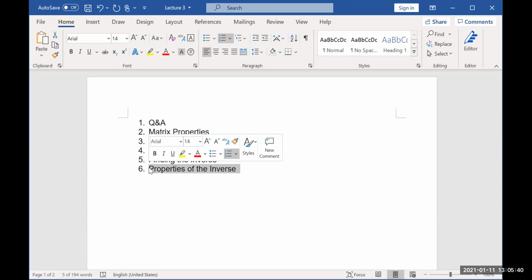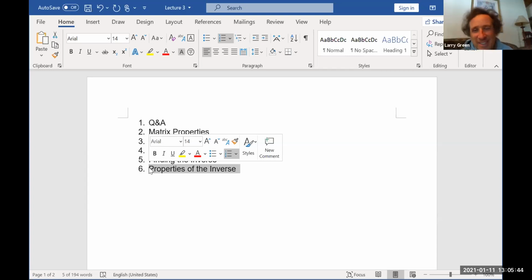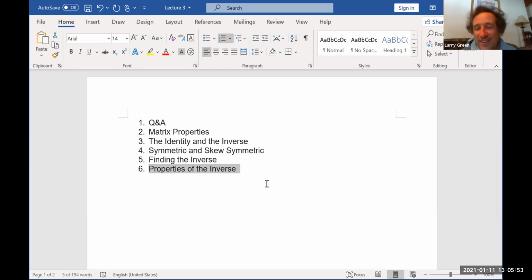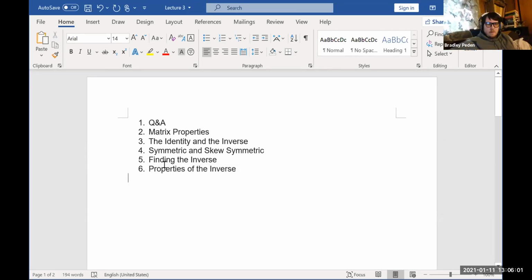I'm going to say it's probably not that easy. It's not that easy, but it's actually not much harder, and we'll get into it. There's a formula, and it's really easy. It is just about that easy, but it's slightly different. If you do what you want to do, which is A inverse times B inverse, it's wrong. So we'll talk about what you have to do, and we'll have some other properties of inverses also.